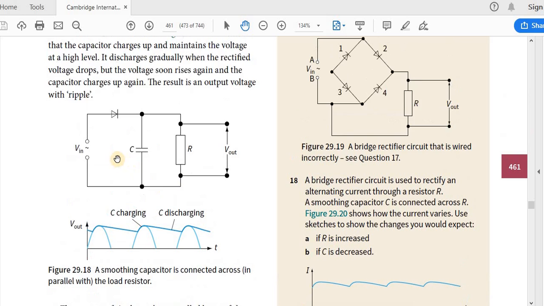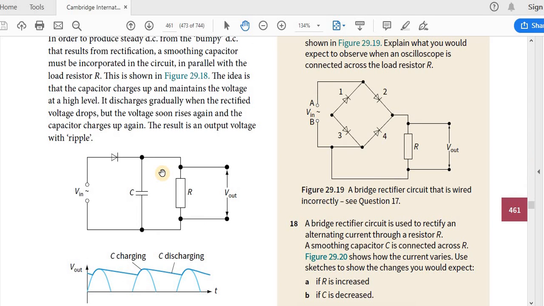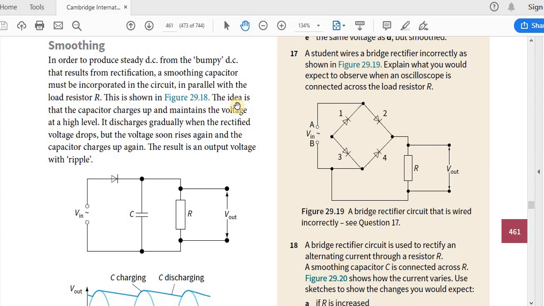Now what happens is the capacitor gets charged, and then when the current is flowing the other way, the capacitor charges up and maintains the voltage at a high level. It discharges gradually when the rectified voltage drops.